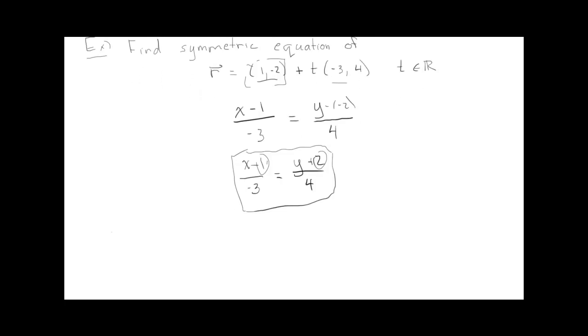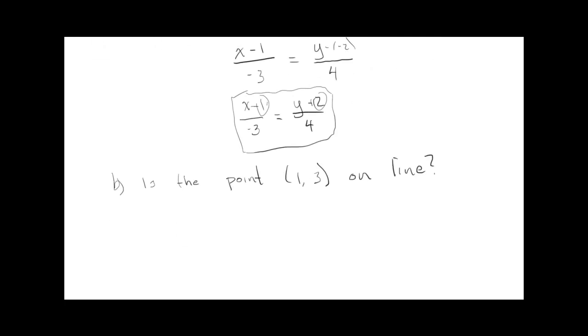And now answering questions like, is the point (1, 3) on the line, it's a little bit easier, right? You can just sub that directly into this. So your left side would be (x minus 1) over negative 3. If I sub in 1, (1 minus 1) over negative 3, I'll get 0.